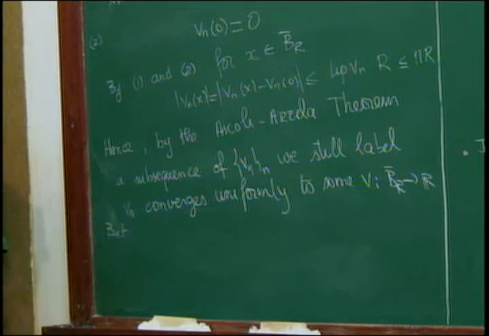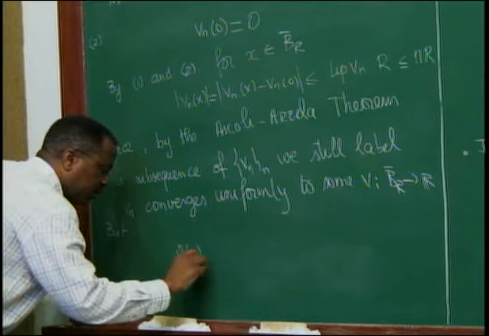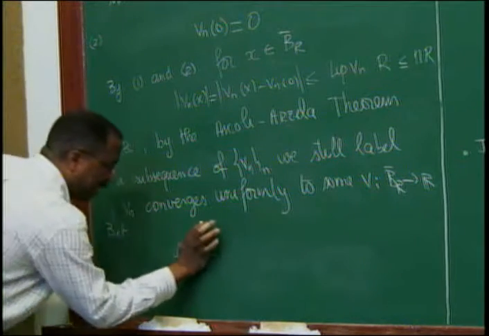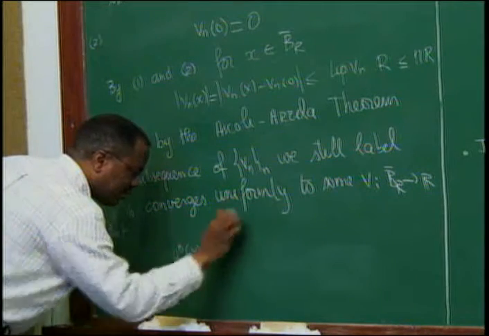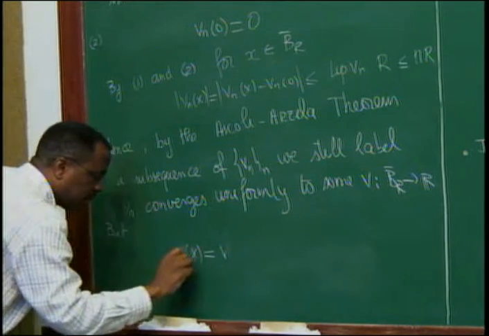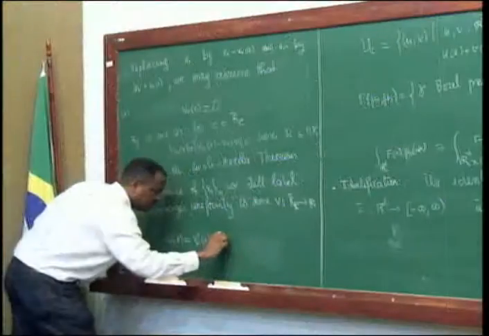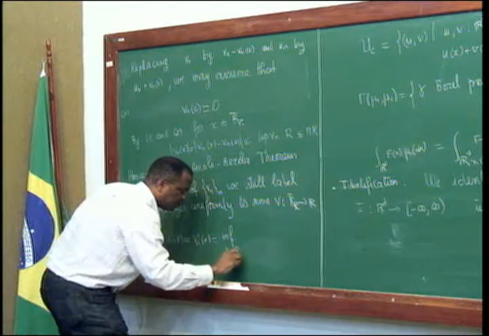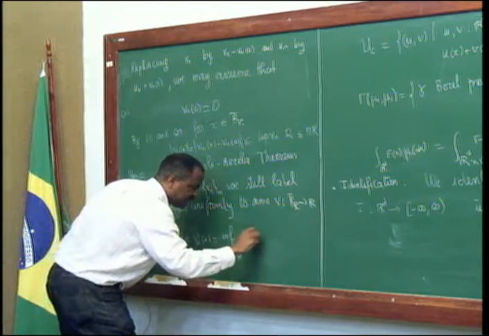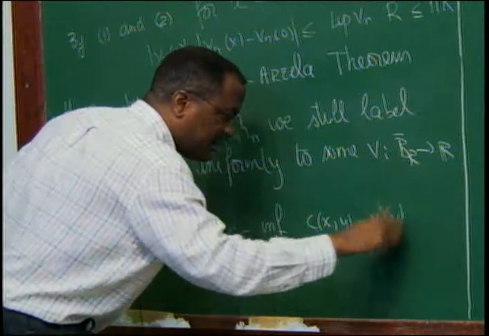But if I compute Un of x, this is Vn^c of x, and so it is the infimum over y in the closed ball of c of x, y minus Vn of y.